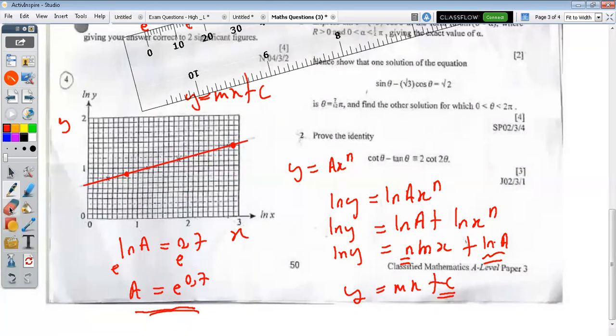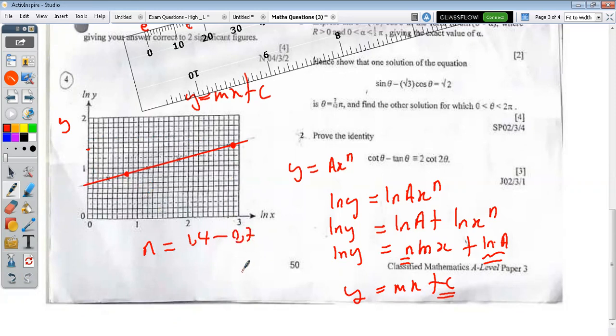So to calculate the gradient, I'm going to say change in y, n is equal to, what is that point here? 1.4 minus, what is this point here? 0.7.